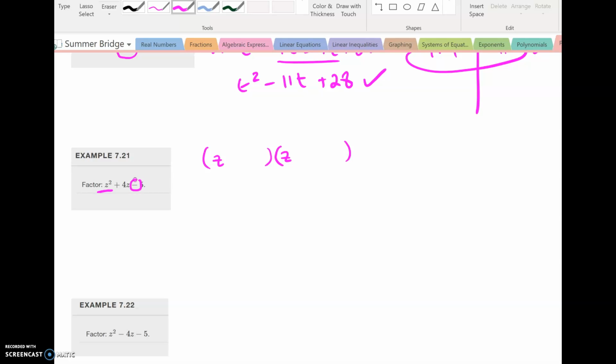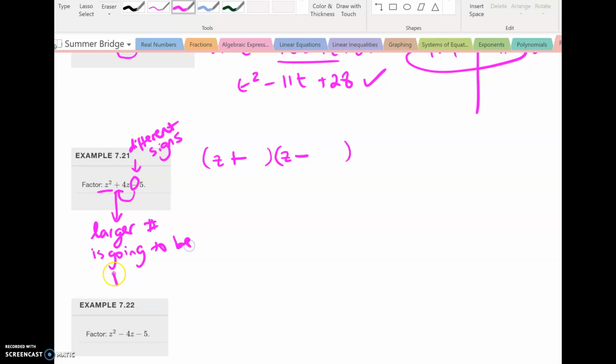The second sign is negative, which means to say we're going to have different signs, which means one's going to be positive, one's going to be negative. Okay? Now, we still look at that positive because that positive tells us that the larger number or factor is going to be positive.